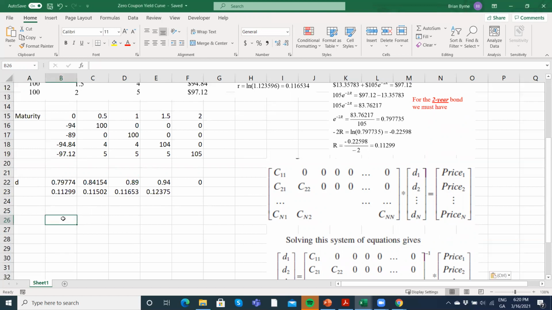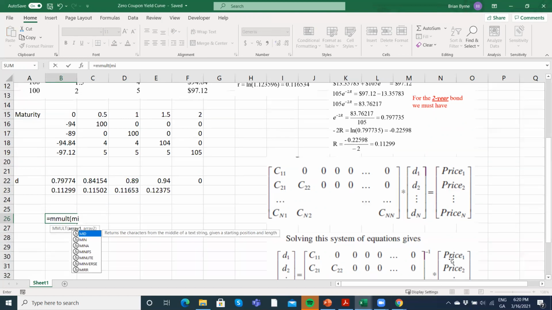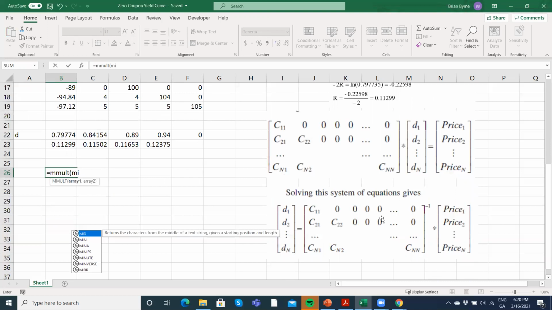We can write it this way, equal to MMULT, open brackets, then MINVERSE, and I'm going to take these inverted and multiply by the prices.